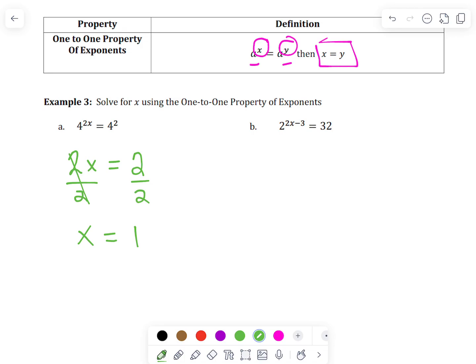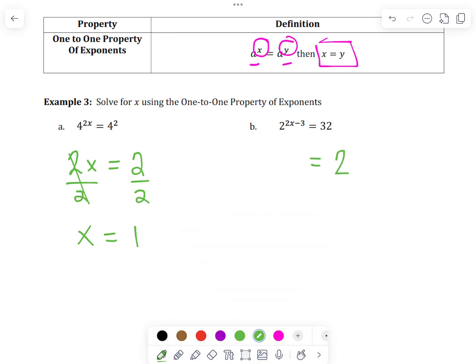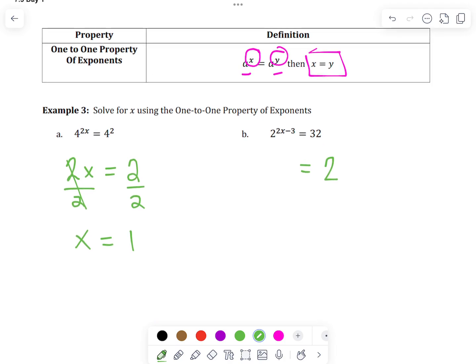Example B is a little bit more challenging because right now I have a base 2 and a base 32. Well, I can change that 32 to the same base. And how I do that is I understand that 2 to the 5th power is 32.